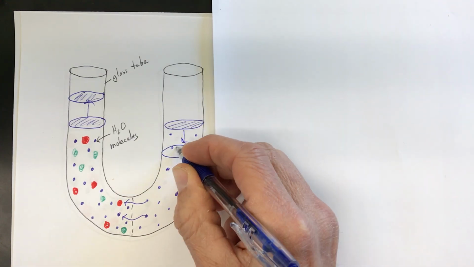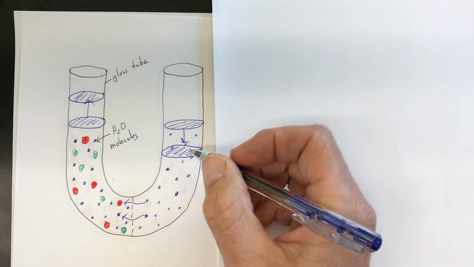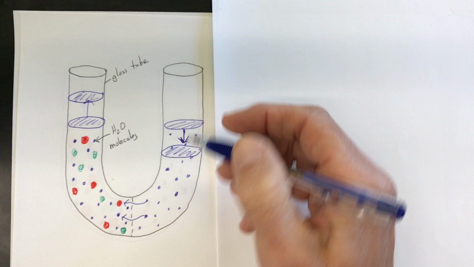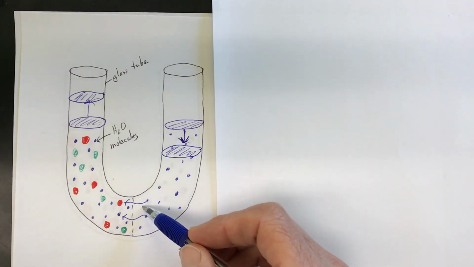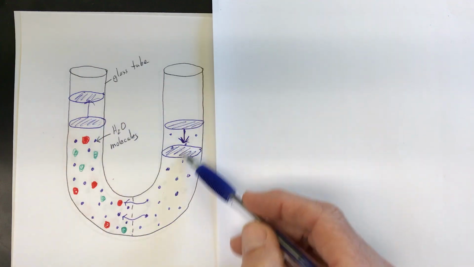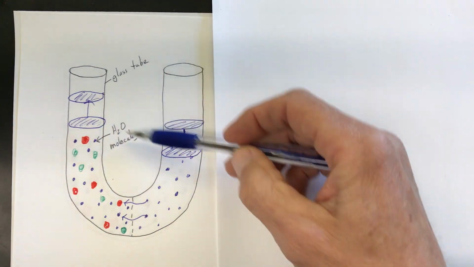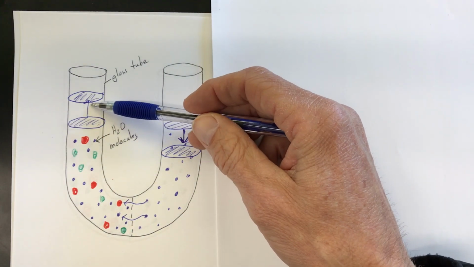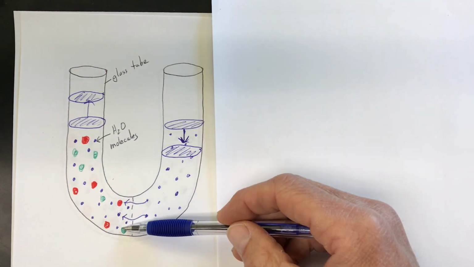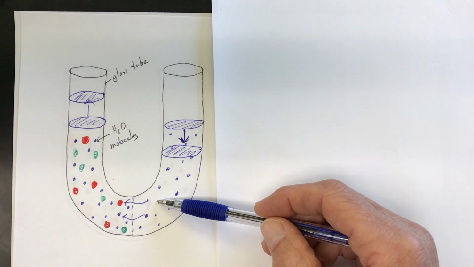Now, how far will it go up or down? Well, the attractive force is pulling the water across this way. But as this goes higher and this goes lower, there's going to be a difference in pressure because this water has weight and it pushes down, and it's going to want to push things back. Well, the salt can't go through, so only the water can go back.